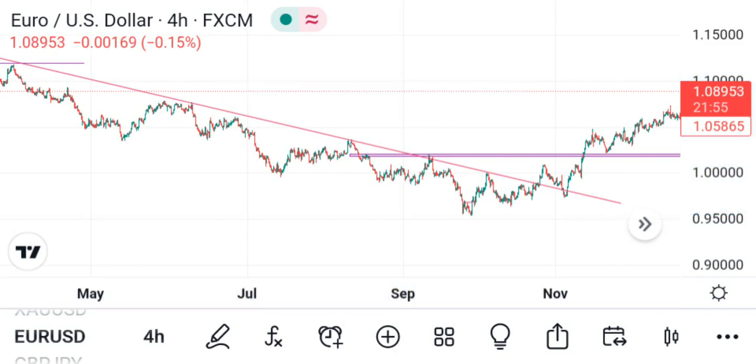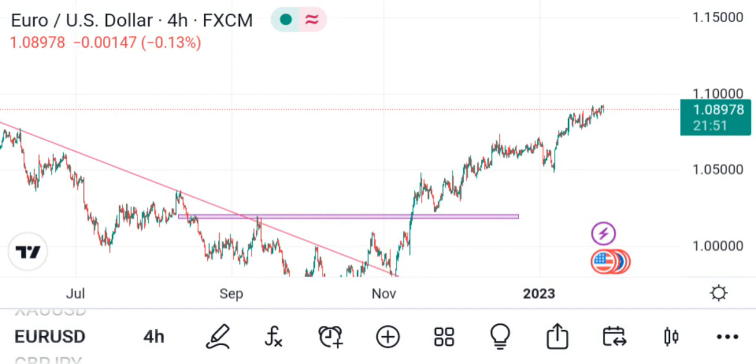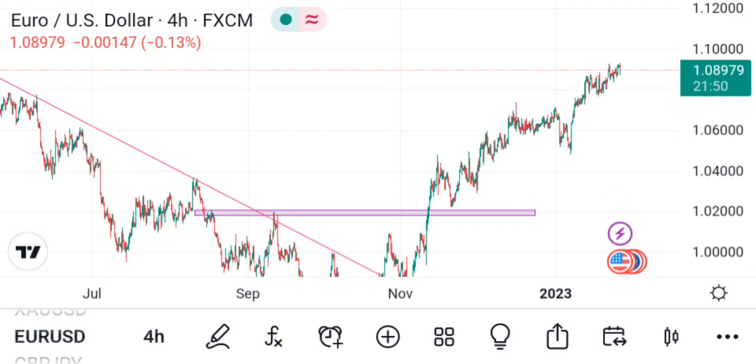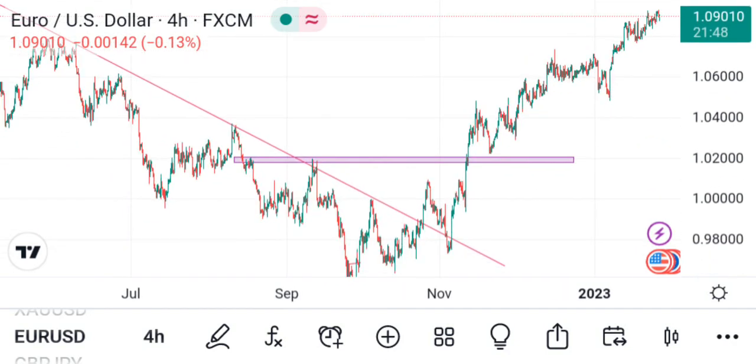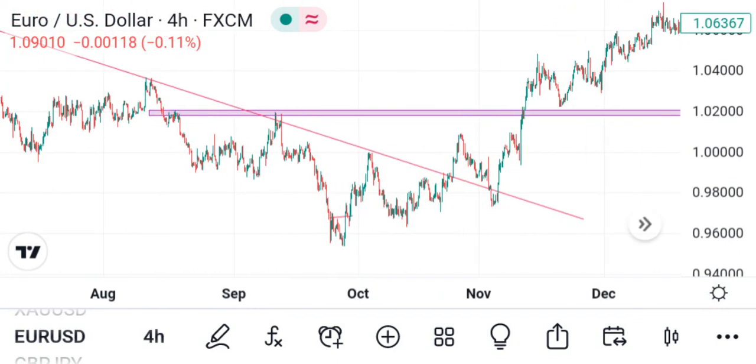Okay, this is a trend line break, so we shouldn't be looking for sales. The structure has actually changed, because there's been a break of structure and also a trend line break.